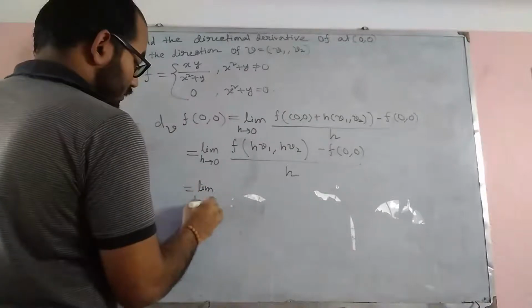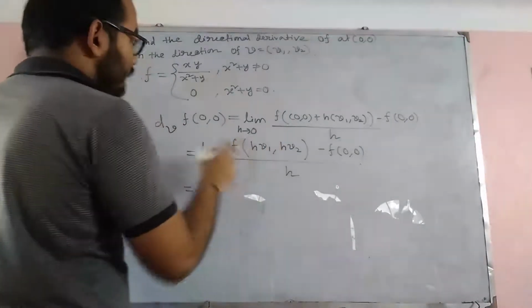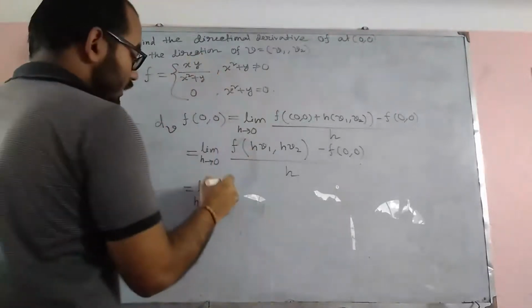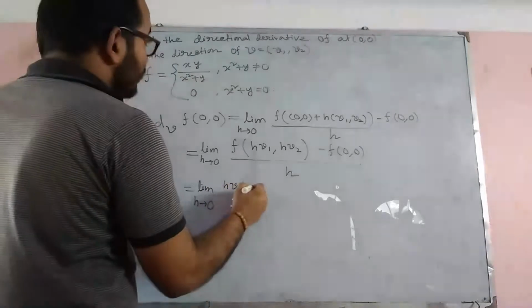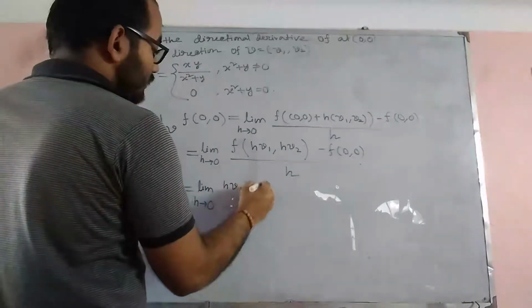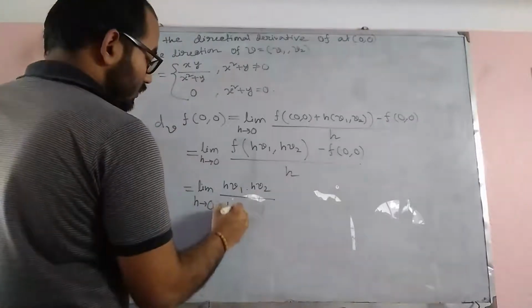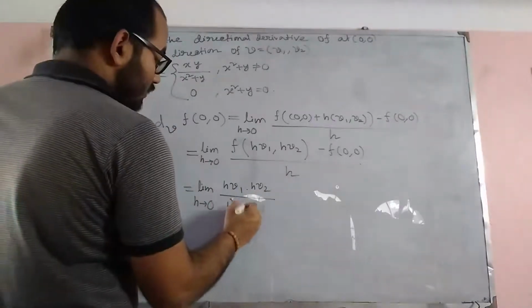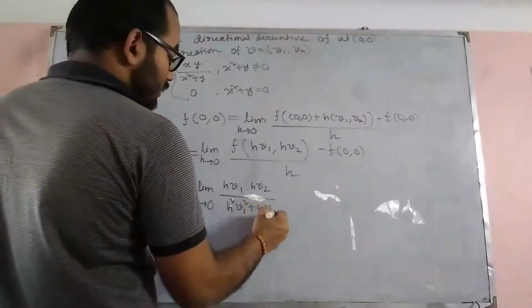We put the values in this expression and we get h v1 into h v2 by h square v1 square plus h v2.